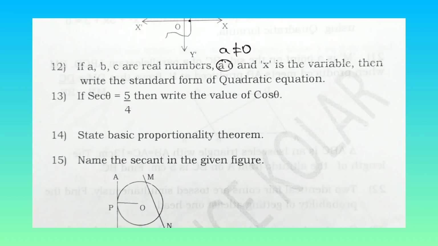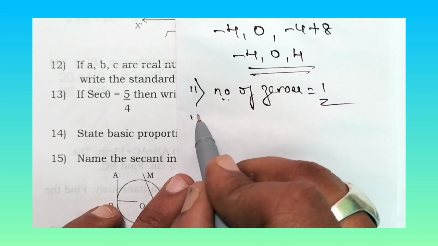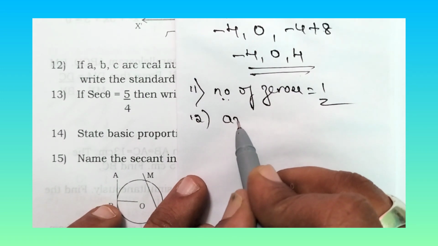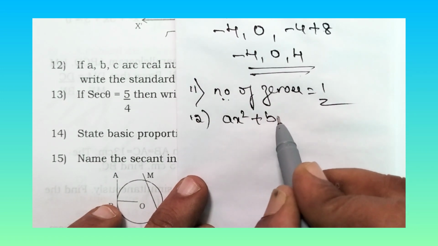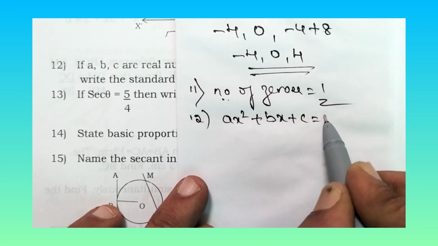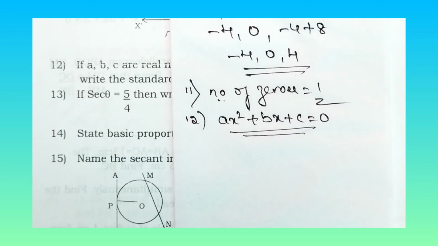Because a can never be 0; if it is 0, it will not become a quadratic equation. So the answer for the 12th question is ax square plus bx plus c is equal to 0. This is the standard form of a quadratic equation.